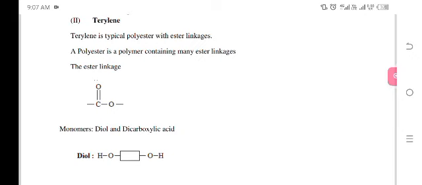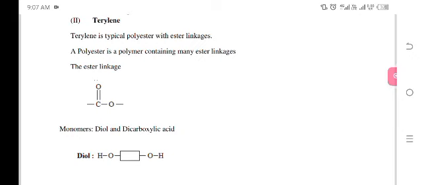An ester is an organic compound that is formed when you react an alcohol and a carboxylic acid to form a very sweet smelling compound called an ester. So esterification involves carboxylic acids and alcohol.